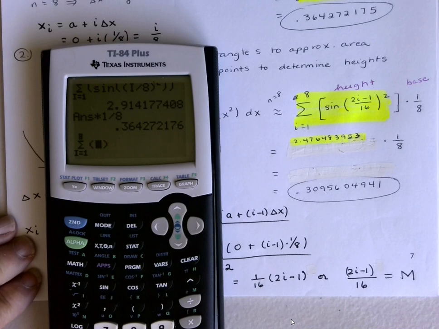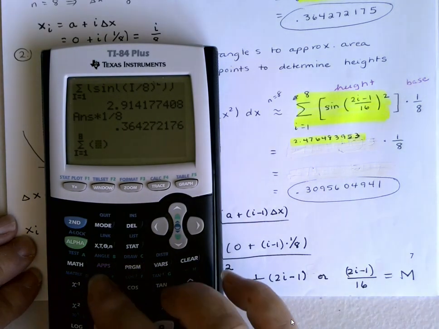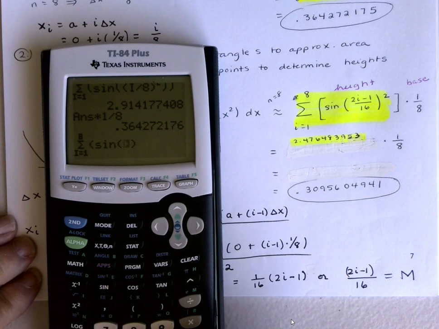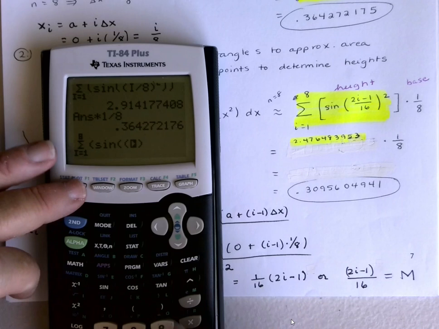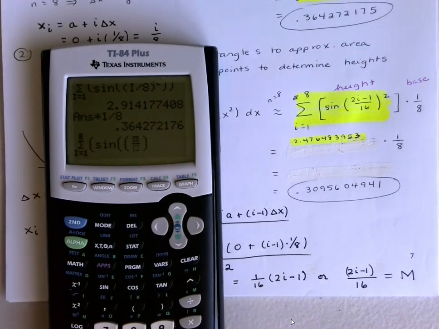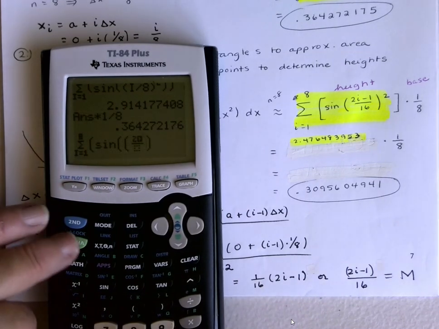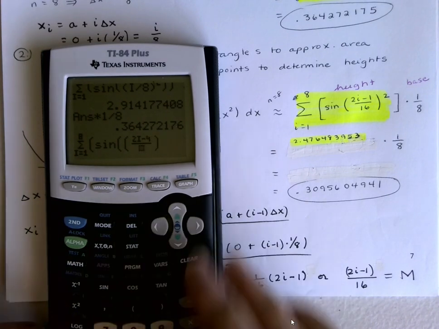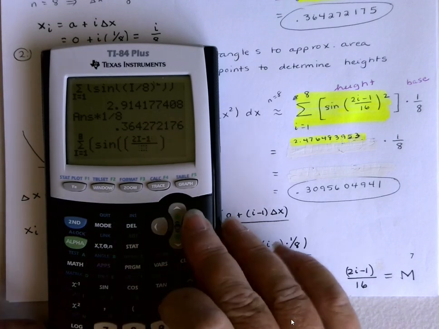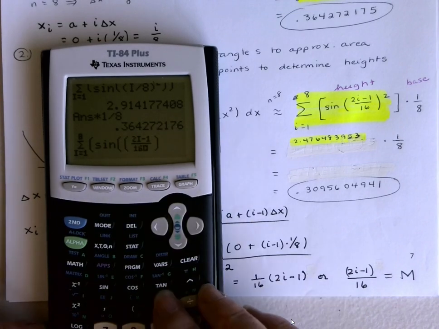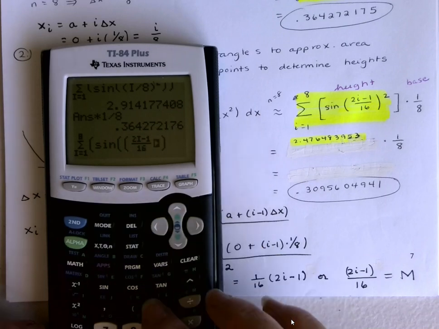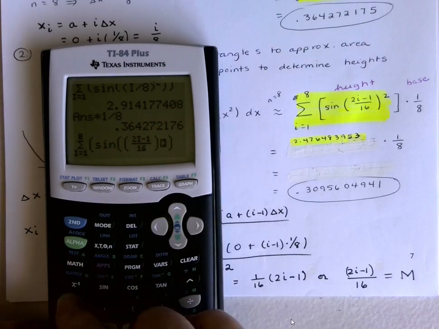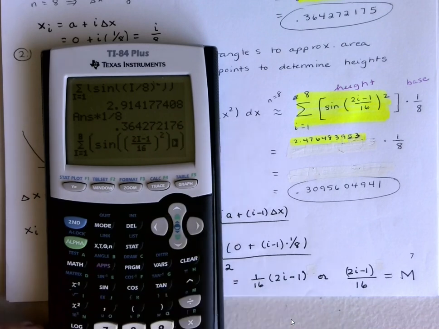And this time my function is sine of, and then in parentheses, I'm going to go with the fraction, 2 alpha I minus 1, over 16, close those parentheses, squared. And that ends the sine function, and the outer parentheses ends the sum.